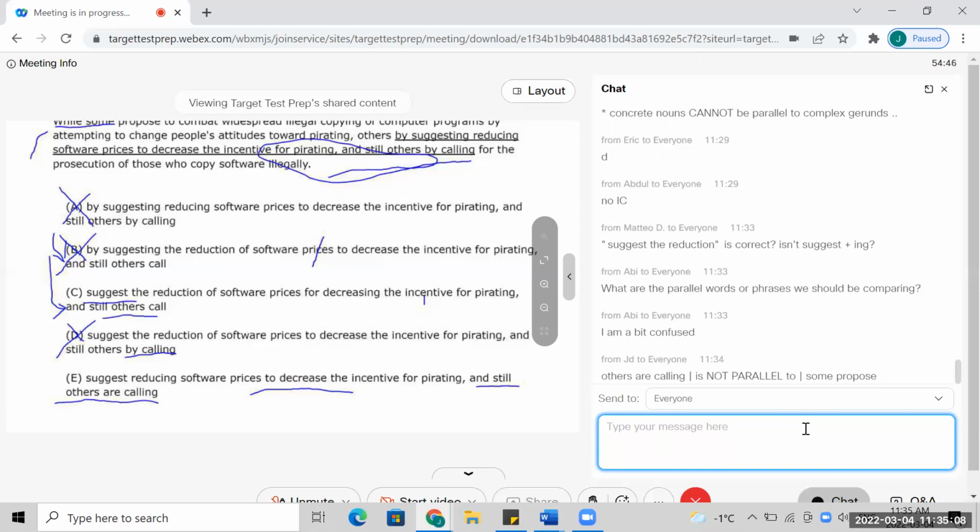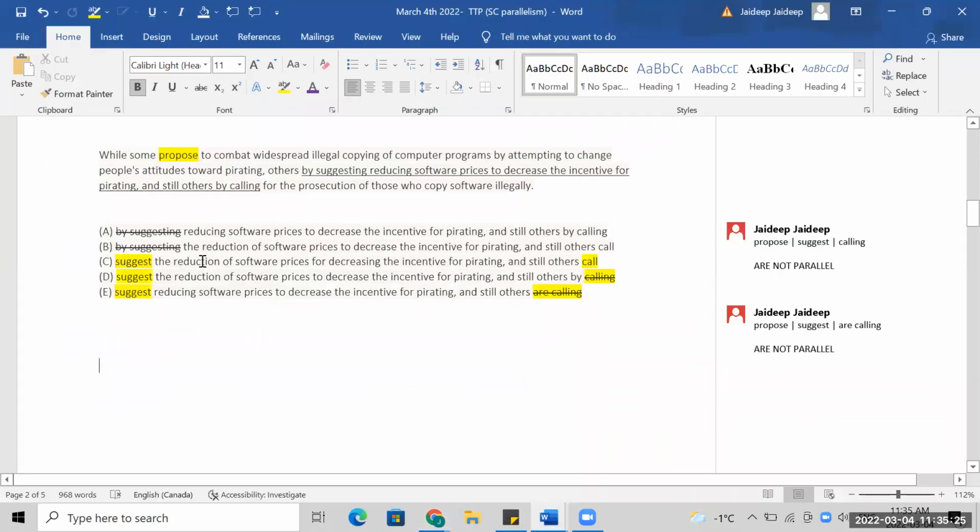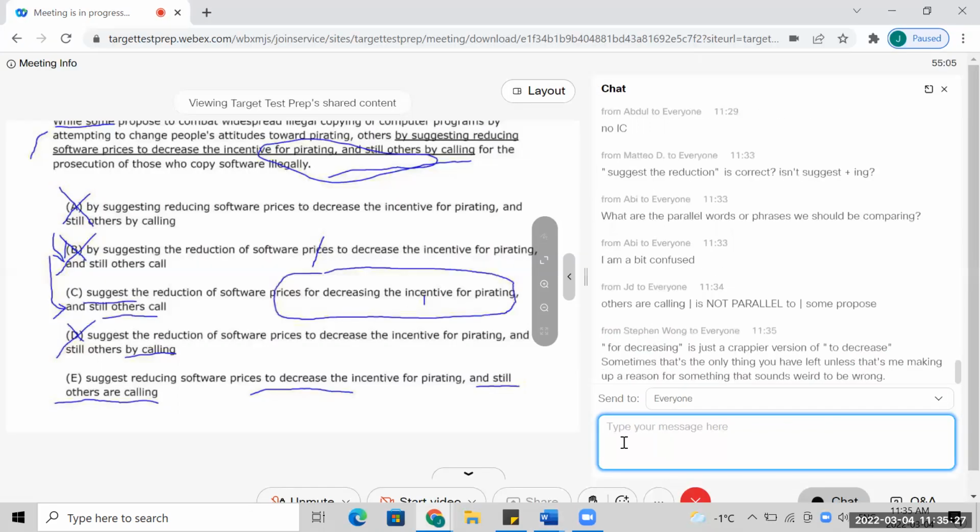But they threw this thing in the middle here, the reduction of software prices for decreasing the incentive for pirating. That doesn't make sense. Software prices for decreasing the incentive? Doesn't make any sense, right? So even though this is the most parallel choice, while some propose, others suggest, and still others call, it's out.